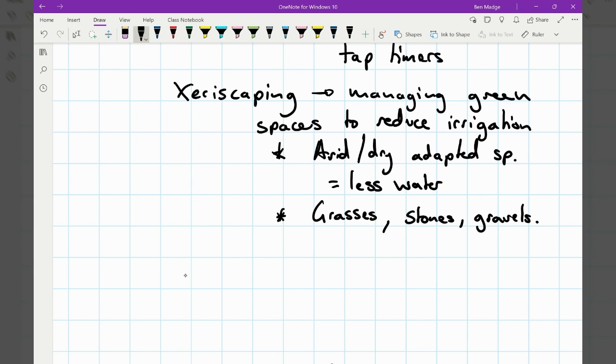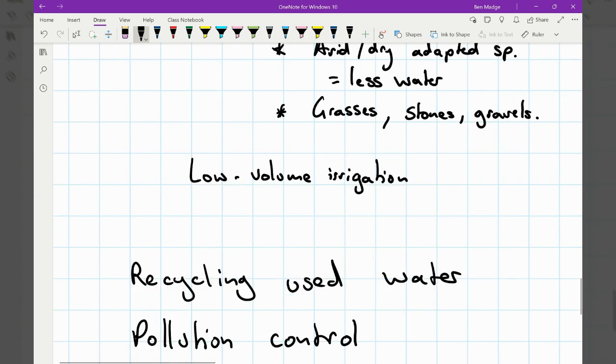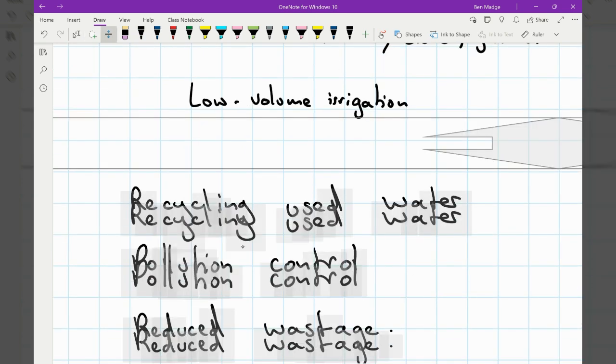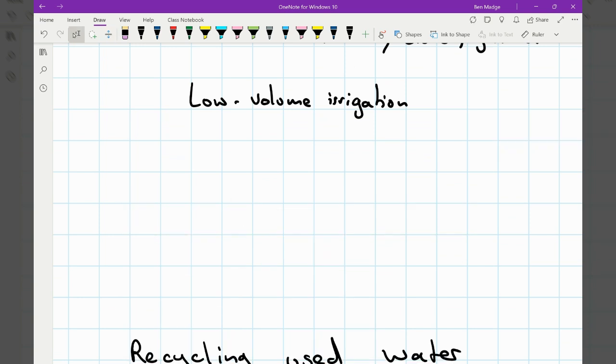And then you have low volume irrigation. So inefficient irrigation types might be something like spray irrigation.